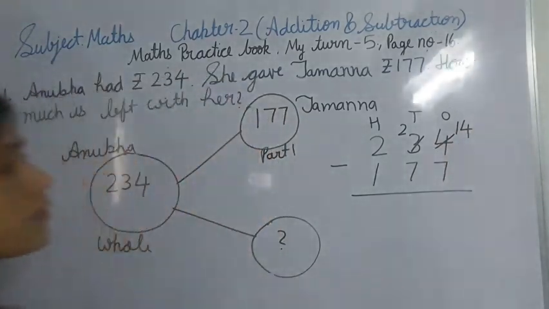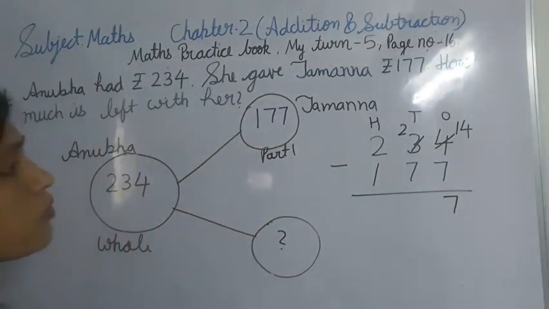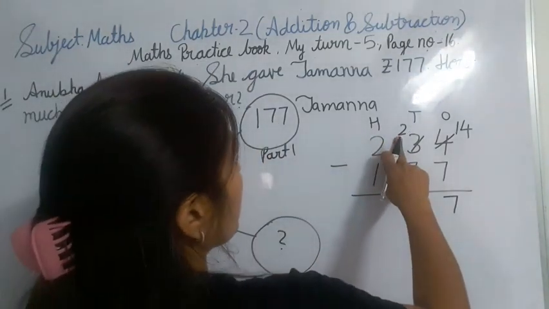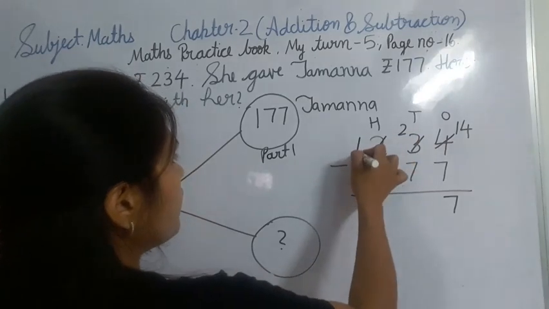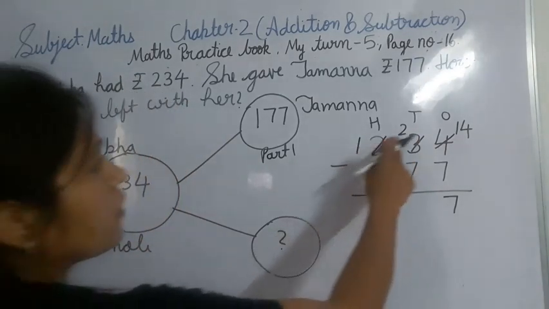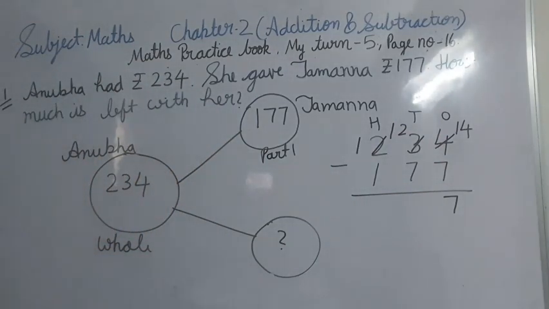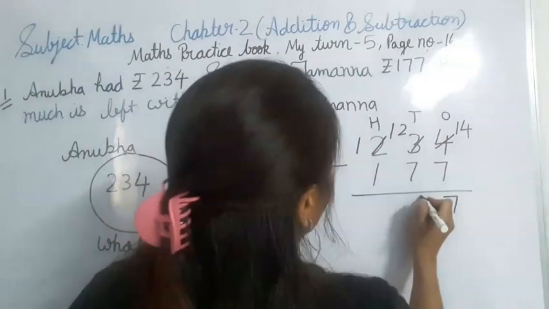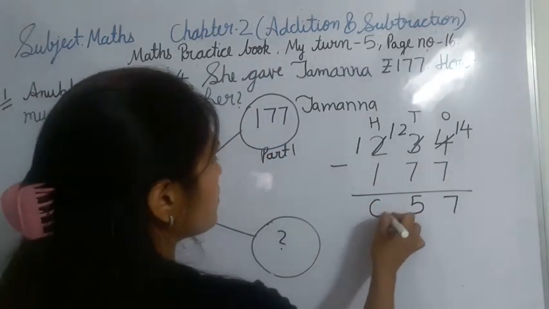So 14 minus 7, 7 will come. Again we cannot take 7 from 2, so we'll take from here. Here we are left with 1, and here we have 12. So 12 minus 7, you will get 5. And here 1 minus 1 makes 0.